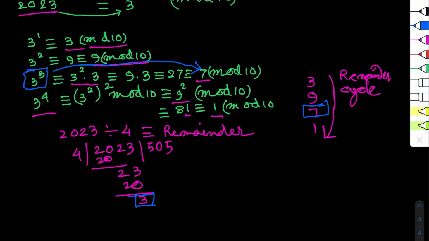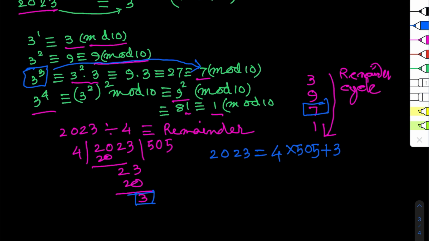Algebraically we can express it this way: 2023 is 4 into 505 plus 3.